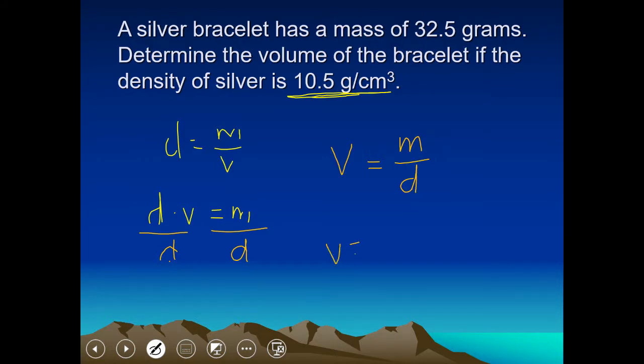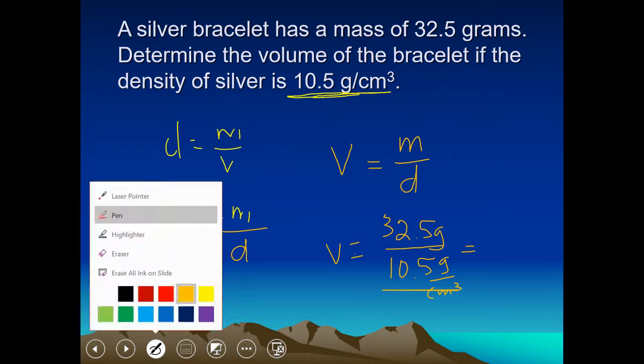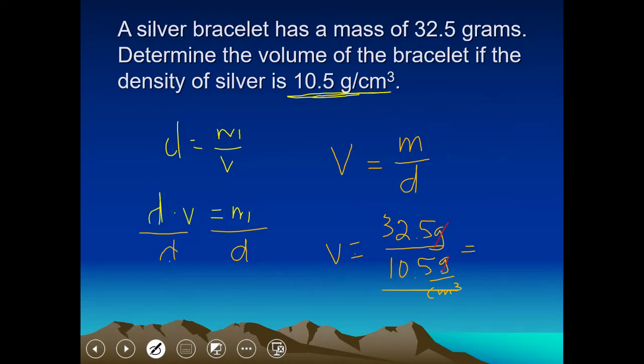In this case, my bracelet weighed 32.5 grams. And the density is 10.5. When you divide, the grams cancel out. And in the units, follow me here, you're left with 1 over 1 over centimeters cubed. Do you guys remember how you take the fraction on the bottom, invert and multiply? That means that's your label.